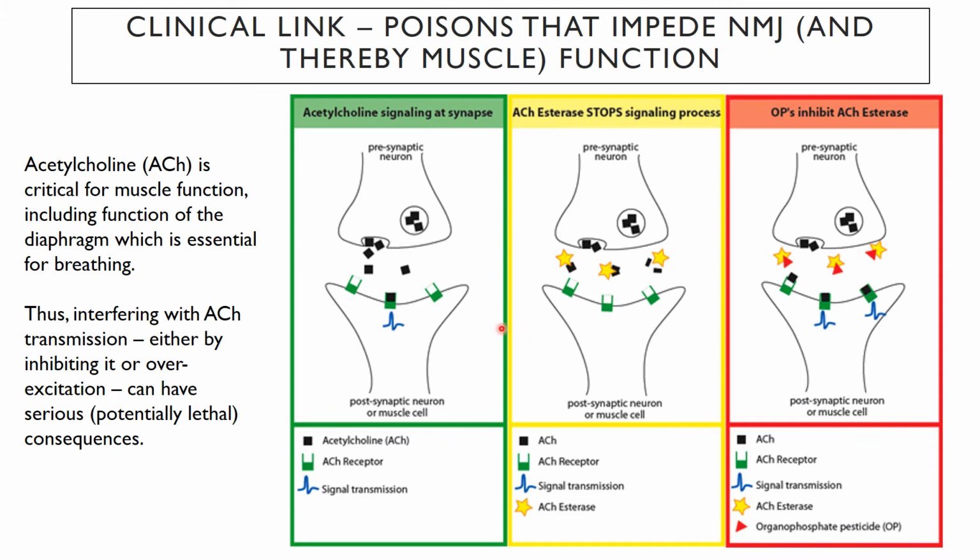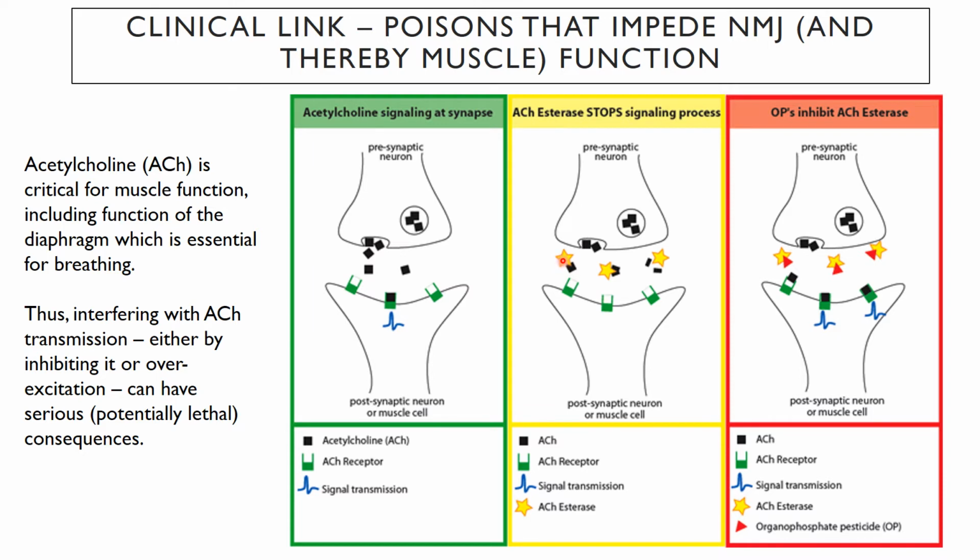So to go over the steps involved with this process, we have normal acetylcholine that occurs at the neuromuscular junction. It works similarly in neurons as well. You have acetylcholine released into the synapse. It binds to acetylcholine receptors on the postsynaptic side, inducing some sort of change in the postsynaptic cell. In muscles, it would be an increase in intracellular calcium.